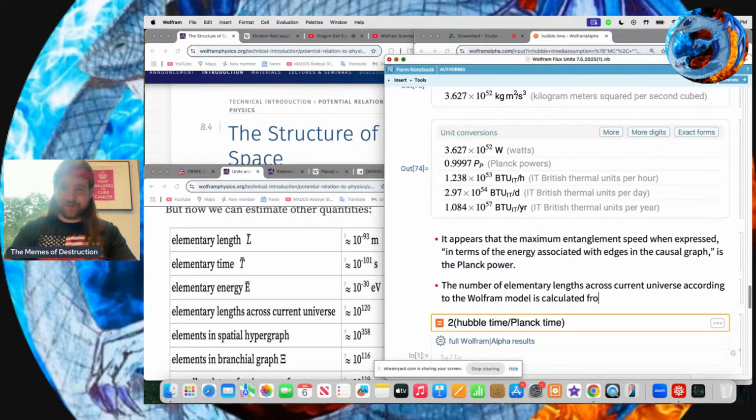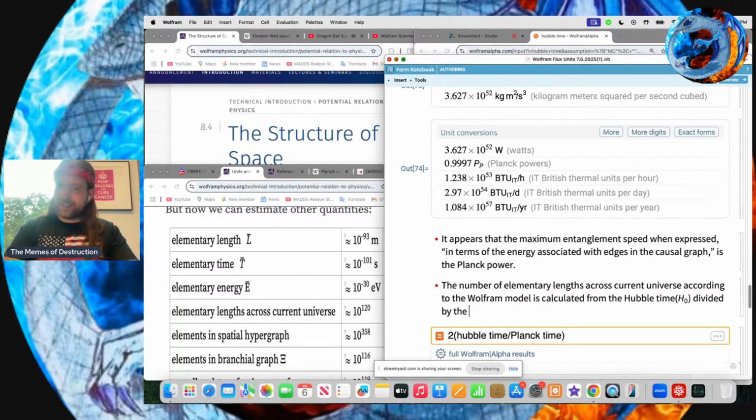It's calculated from the Hubble time, which is H naught, divided by the Planck time, small t sub big P, multiplied by 2 to get the diameter, because that would give radius.